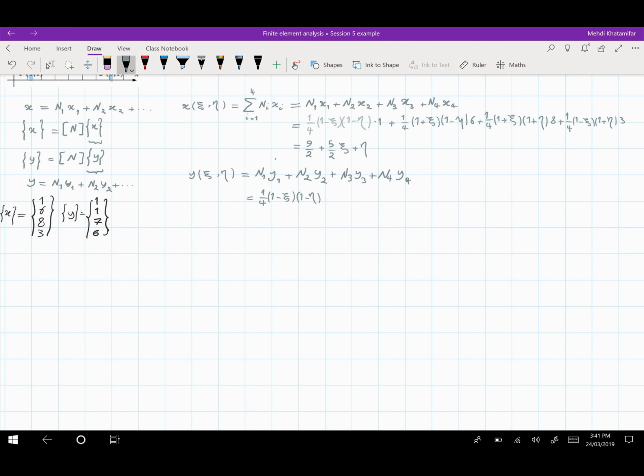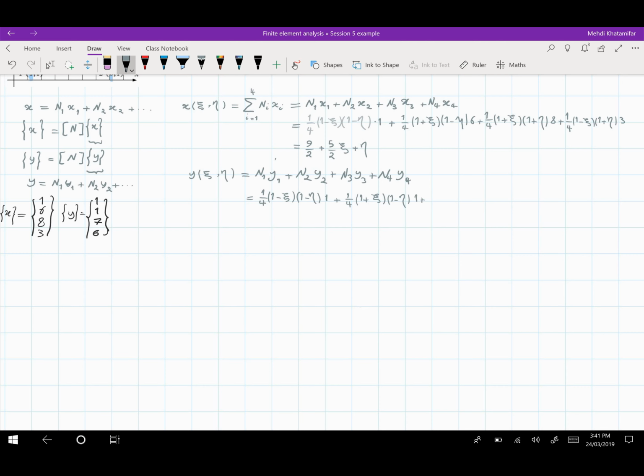So n1 times y1 is 1, plus n2 is 1 over 4 (1 plus psi)(1 minus eta) and y2 again is 1 multiply 1.